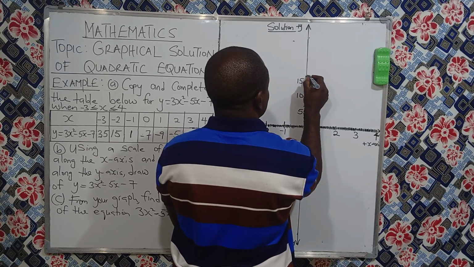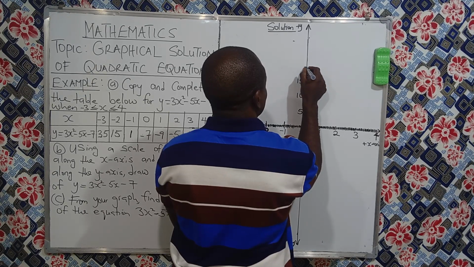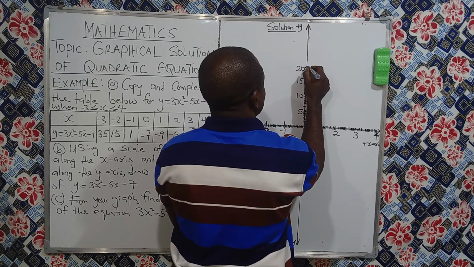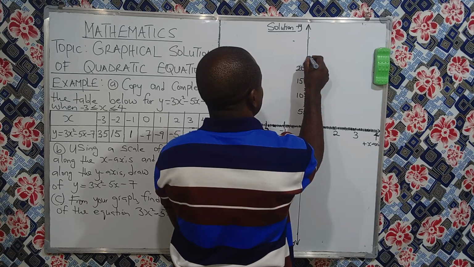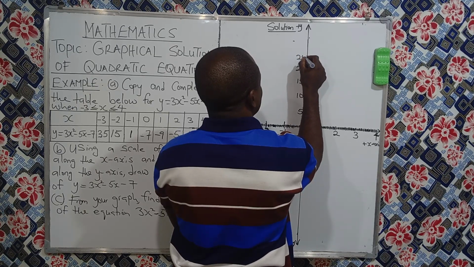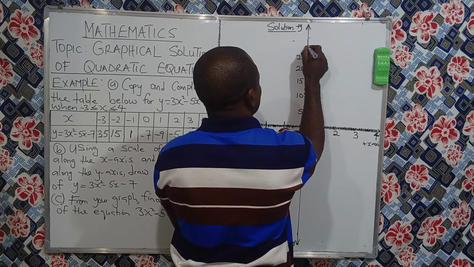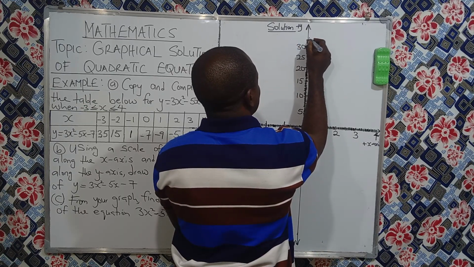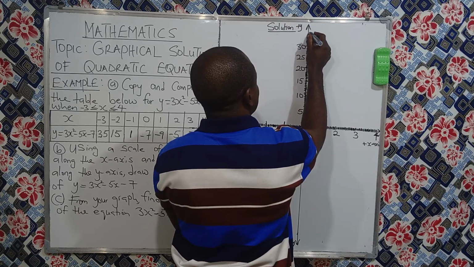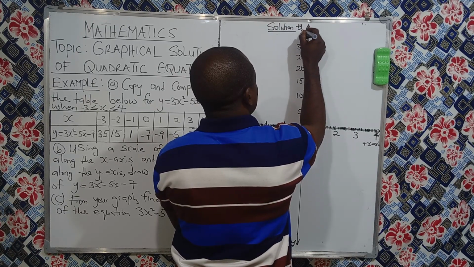Another 20, that's 20. Another 20, that's 25. Another 20, that's 30. Another 20, that's 35.